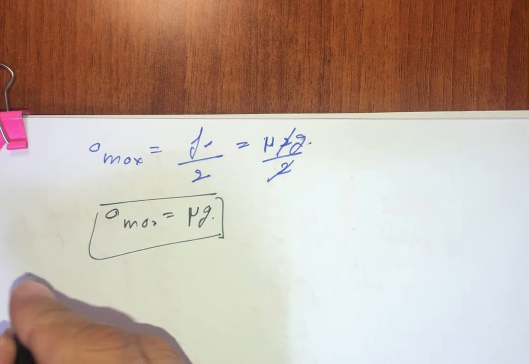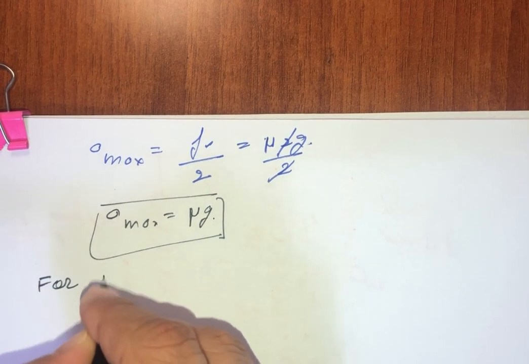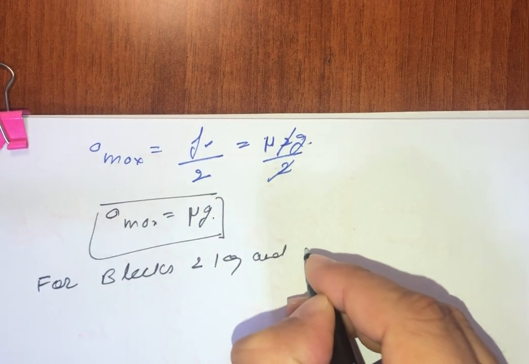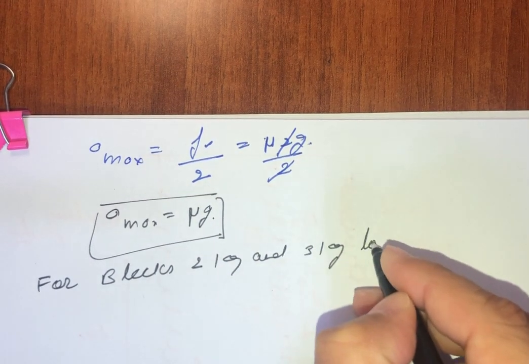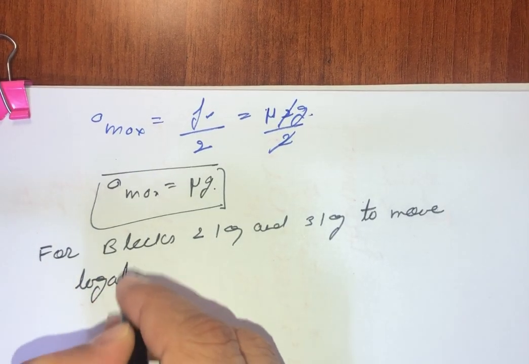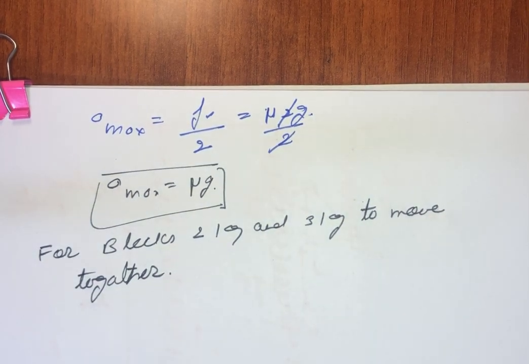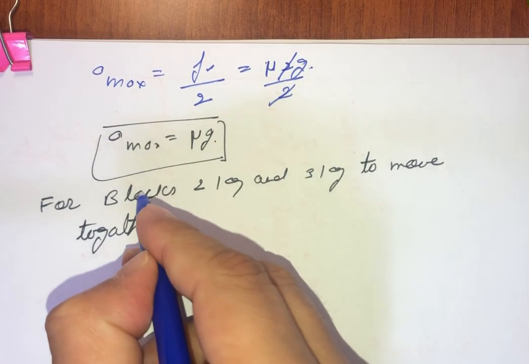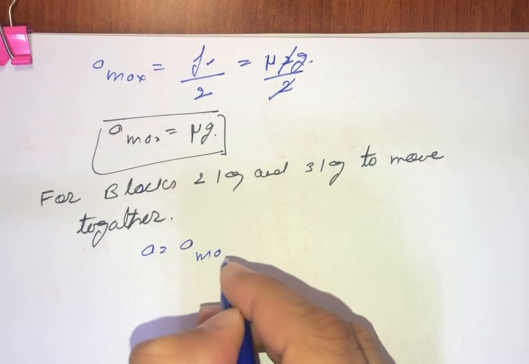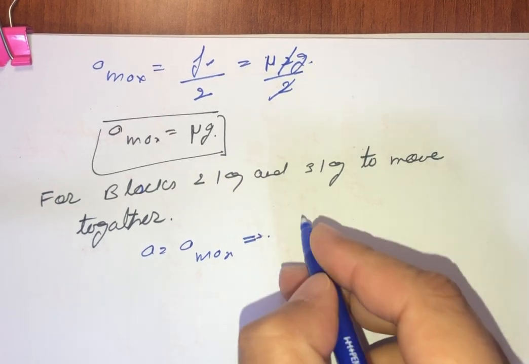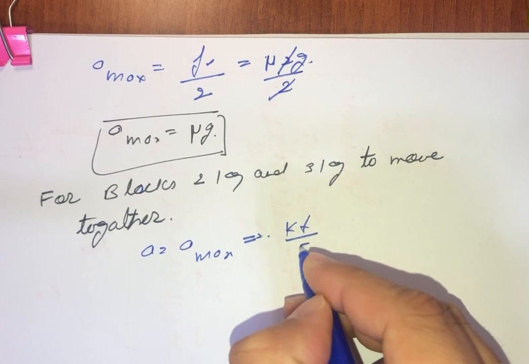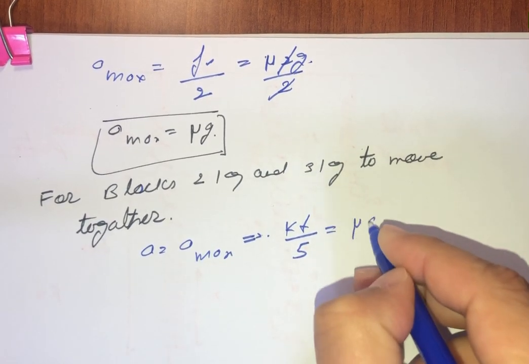So for the 2 kg and 3 kg blocks to move together, A should be equal to Amax. We already know A is kt upon 5 and Amax is mu g.